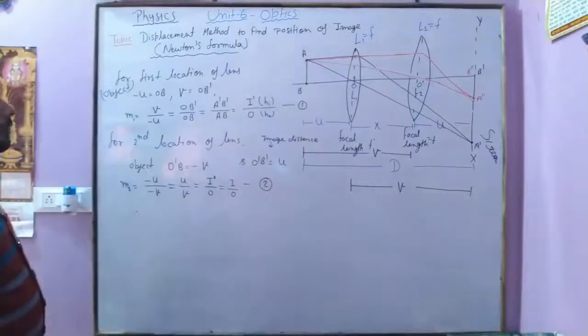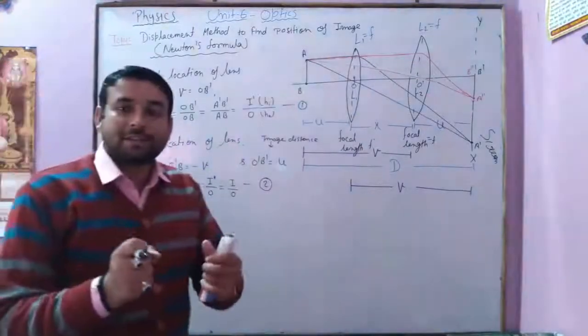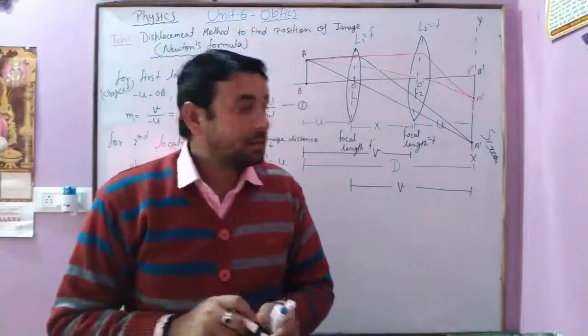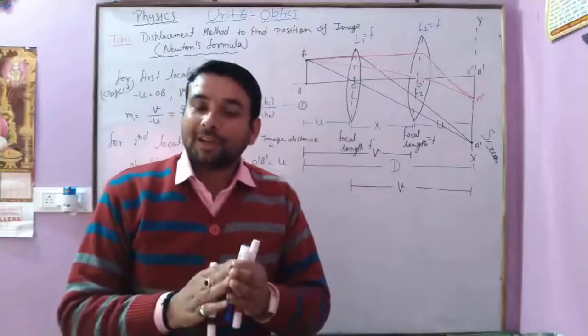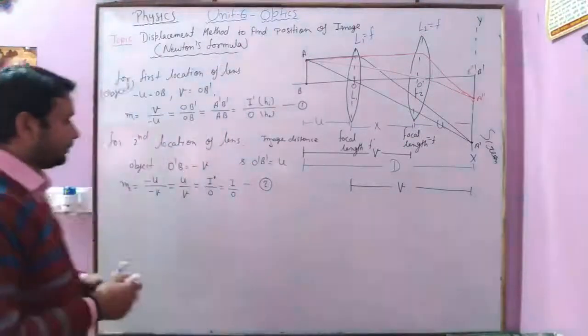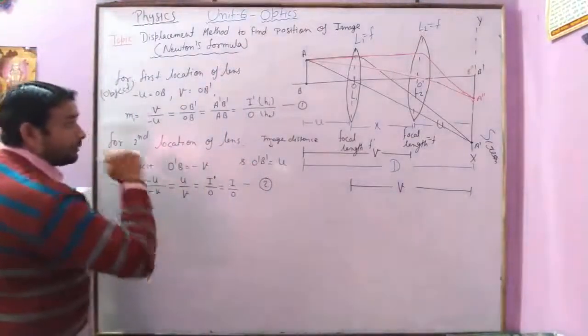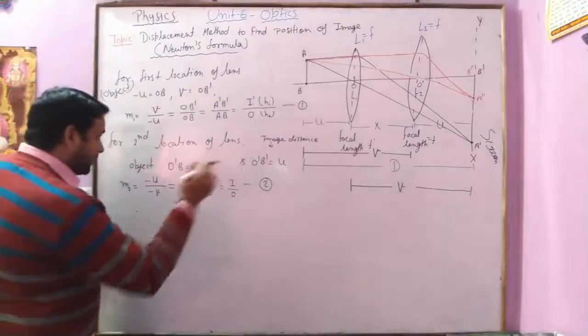In the previous lecture we discussed that when two lenses are in combination, their magnification is the product of the magnifications.